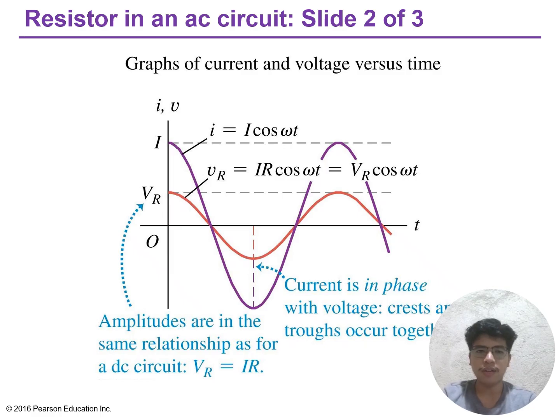This in-phase relationship is not coincidental, but flows directly from Ohm's law. Whatever instantaneous voltage appears across the resistor produces an instantaneous current proportional to it, with no phase shift.